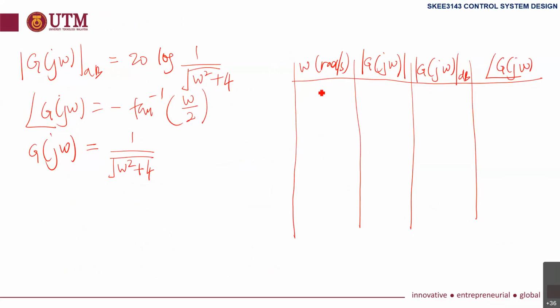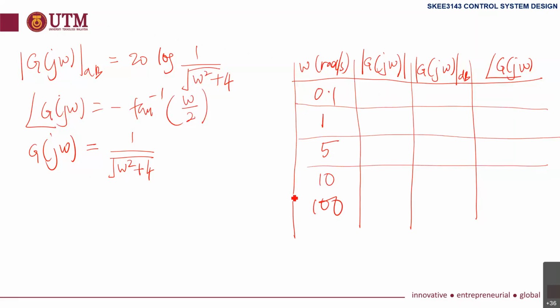Let's try 0.1 radian per second. 1, 5, 10, 100. They are all now calculate Gj omega here.